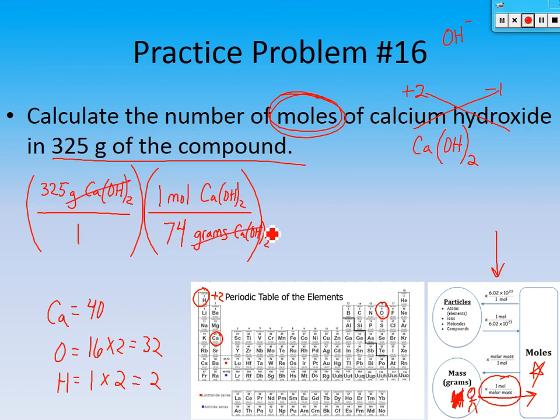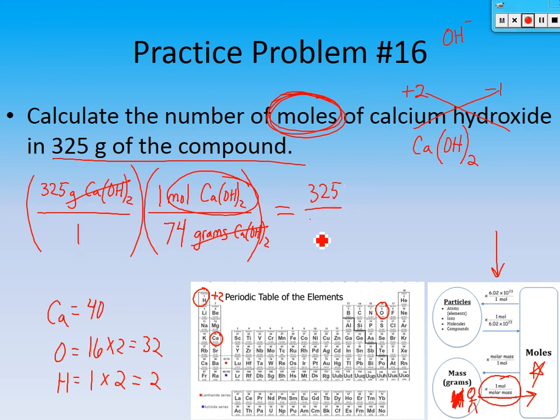Okay, now I can cancel out like units. Grams of calcium hydroxide is canceled out. And I'm left with moles of calcium hydroxide, which is what we wanted to find. So I'm finished. Now it's just a math problem, right? So grab a calculator. And we're going to do 325 times 1 is 325 on top.